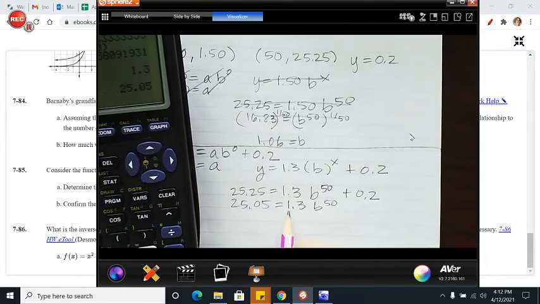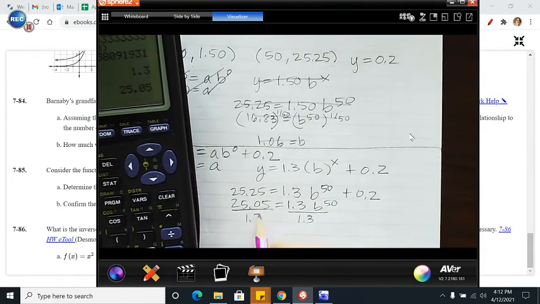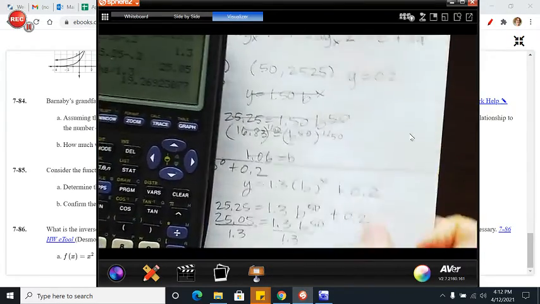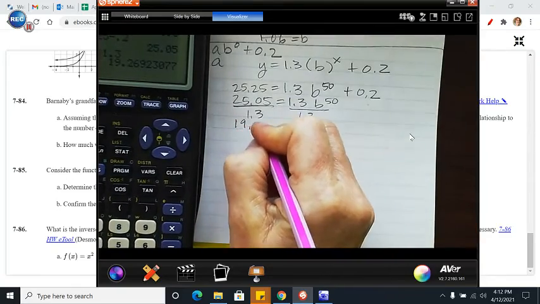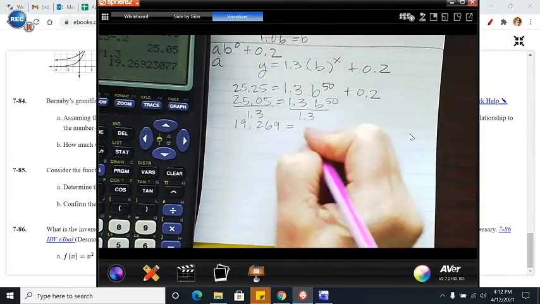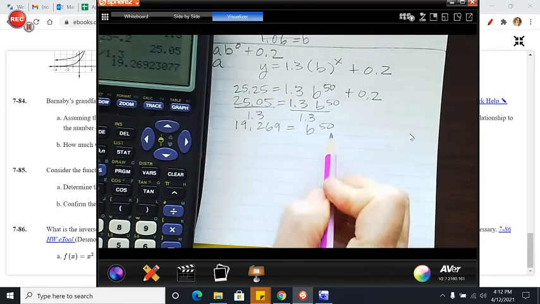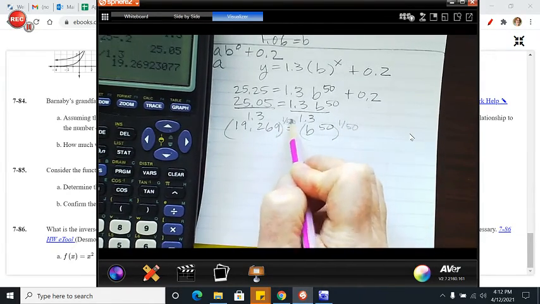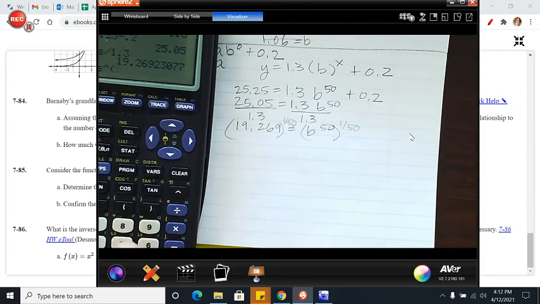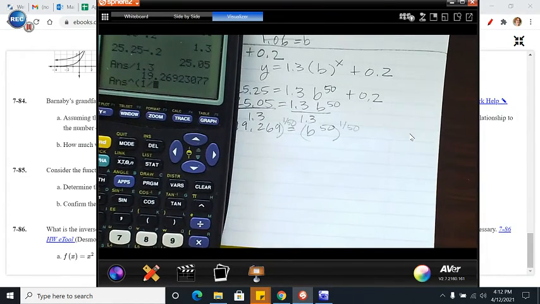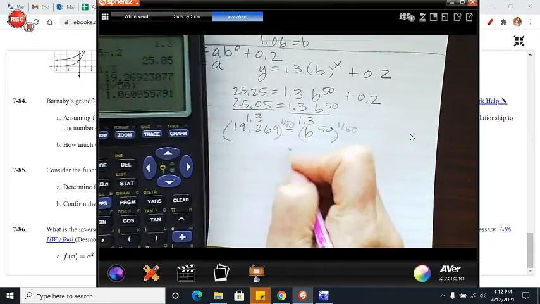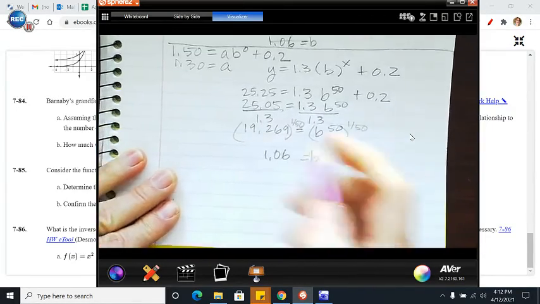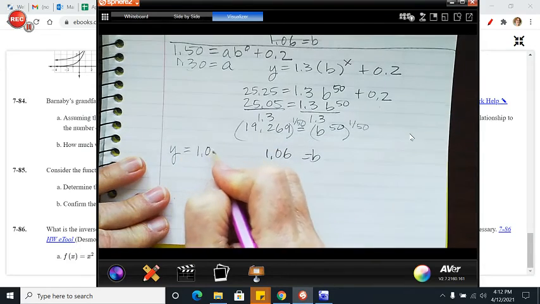I'm going to divide both sides by 1.3. Uh, 19. Okay, and then I'm going to raise that to the 1 over 50th power. Okay, we still get about the same thing, 1.06.